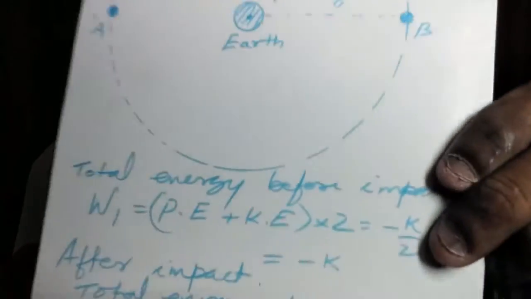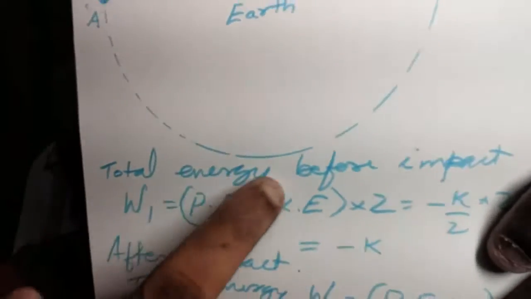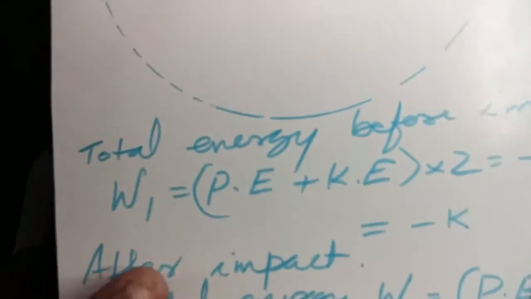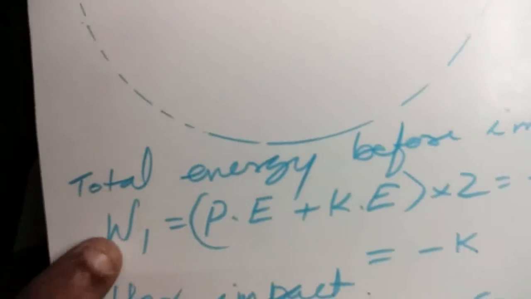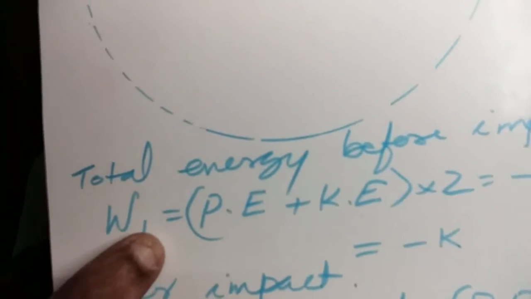Now here, what is the total energy? Total energy of the Earth satellite system, let it be W1, the total initial energy before collision.